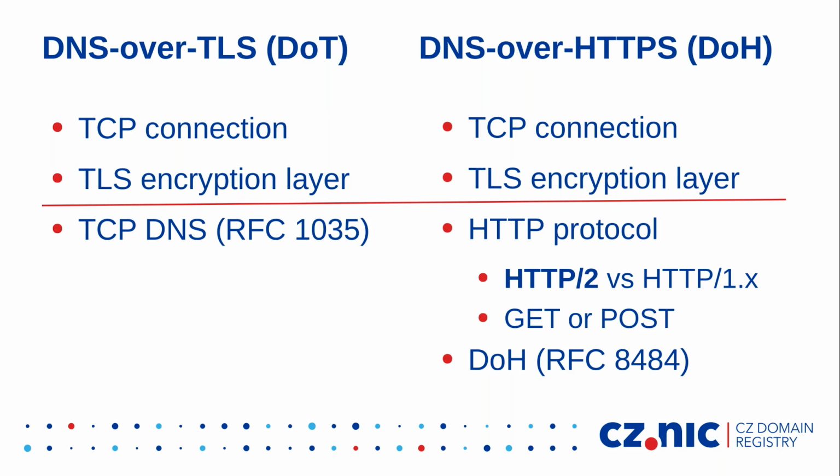But even if you use HTTP 2, you get either the GET method or the POST method. It's just really complicated. But once you establish that, you also need to exchange the DNS messages somehow. So then you have a new format on top of the HTTP protocol itself, and then you finally have DNS over HTTPS.